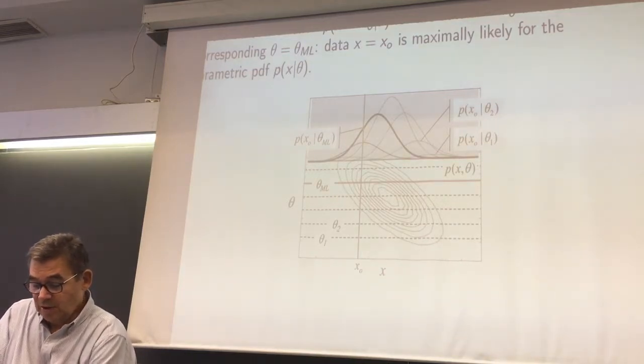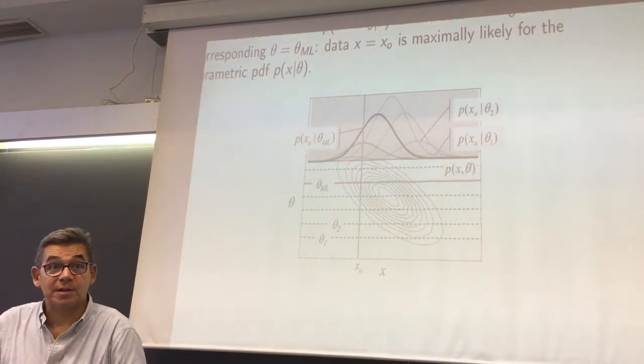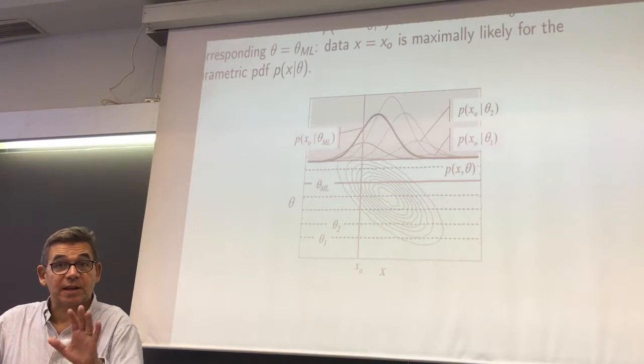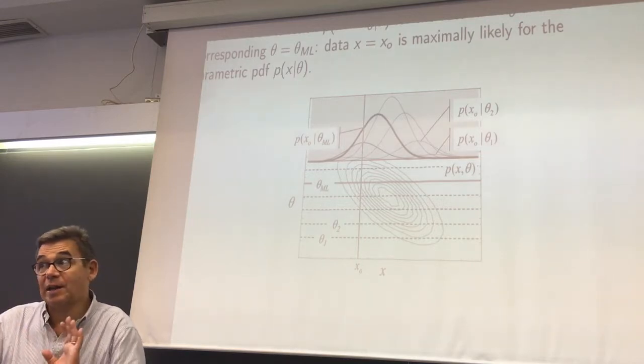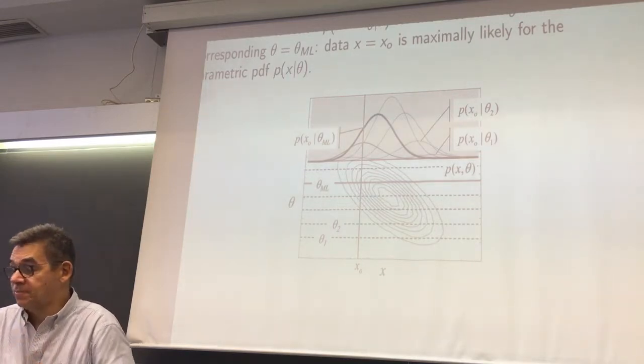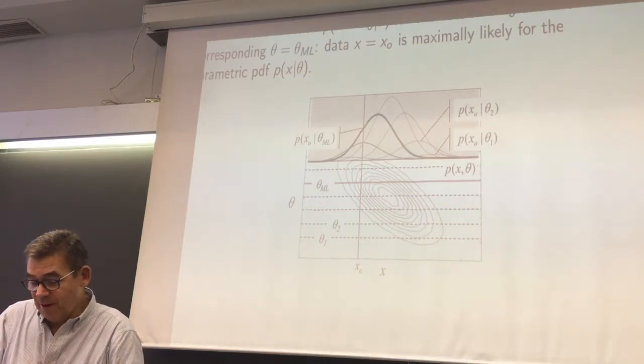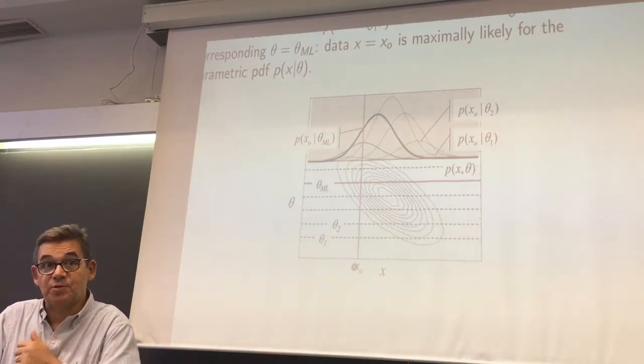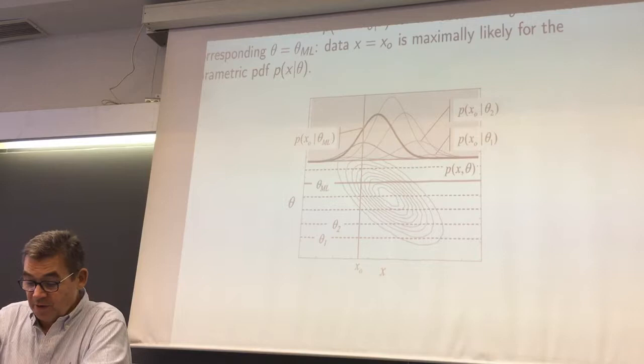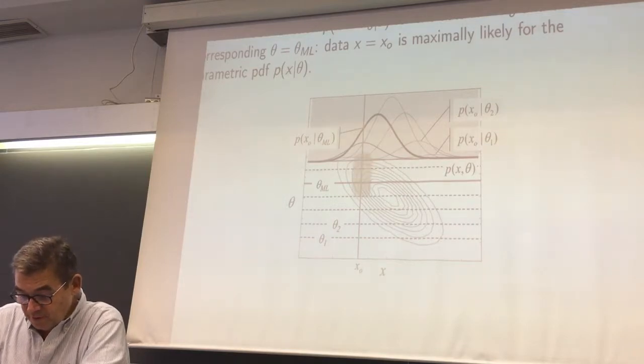But when I illustrate it this way, I'm not choosing any data. I'm just writing this function in a generic sense. Now what I do is I make my one observation, which is x equal x0.